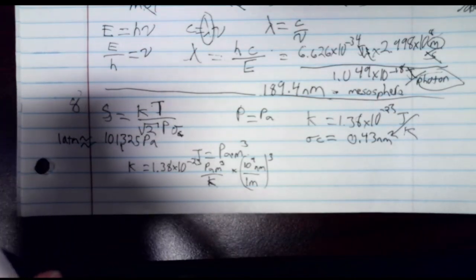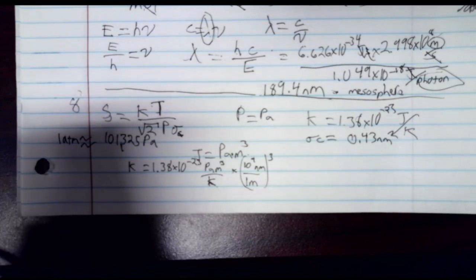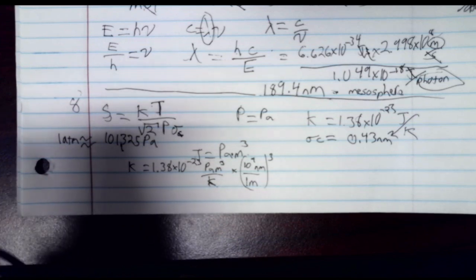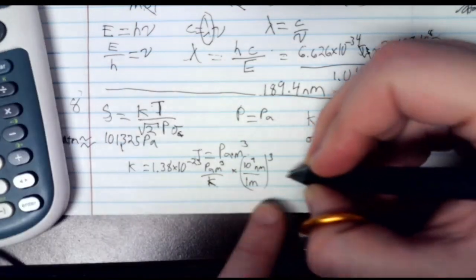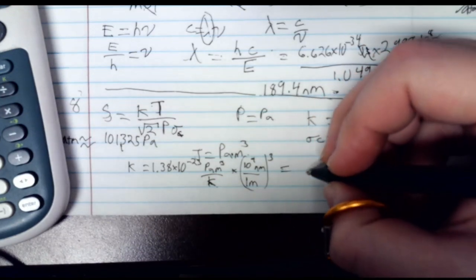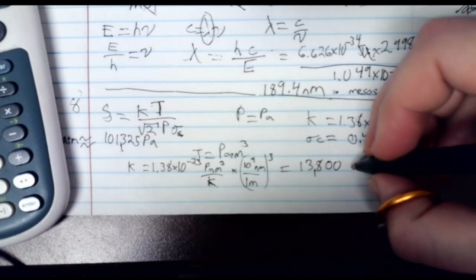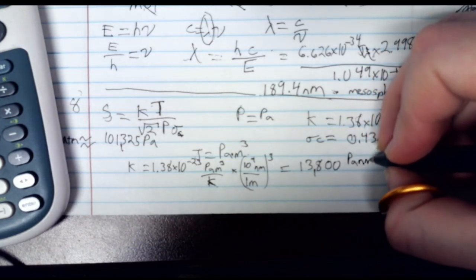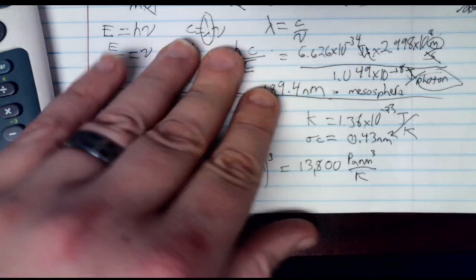So that means my 1.38 times 10 to the negative 23rd, I'm going to times that by 10 to the 9th, times another 10 to the 9th, times another 10 to the 9th, means my Boltzmann's constant in nanometers cubed is 13,800 pascals nanometers cubed per Kelvin. I know I'm running out of room, so I'm going to move to the next sheet.